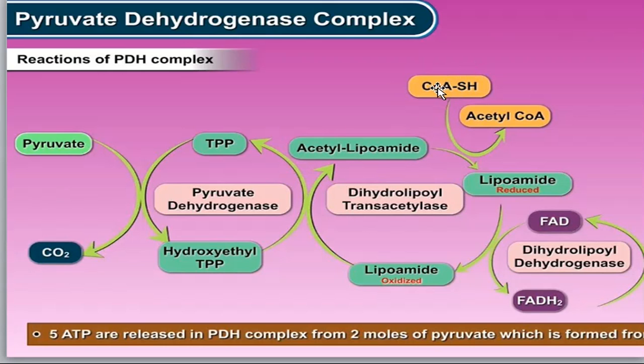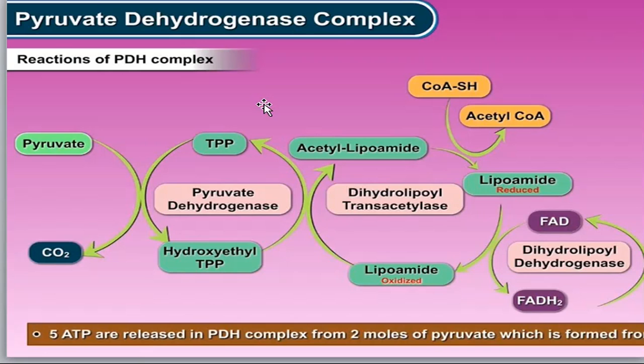So coenzyme A is added to the acetyl group with the help of dihydrolipoyl transacetylase. At the end of this reaction, there is formation of NADH plus H plus. So we can conclude that for each pyruvate formed from glycolysis, one NADH plus H plus molecule is generated within the pyruvate dehydrogenase complex.